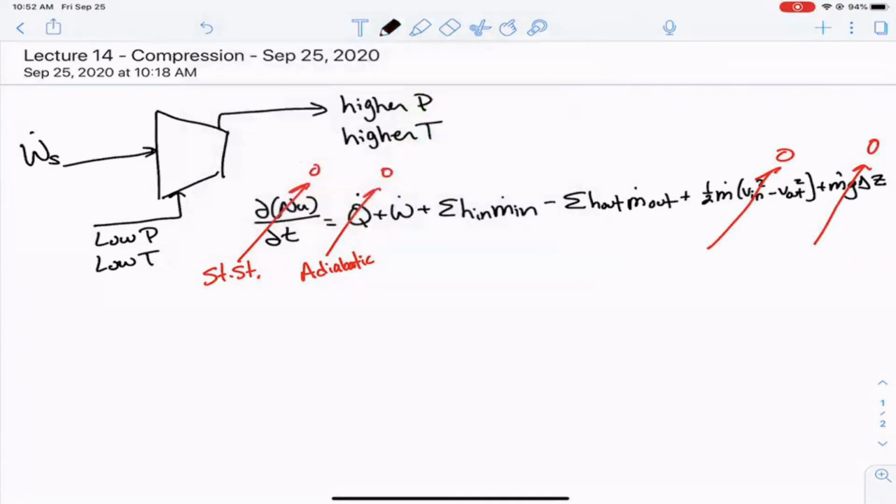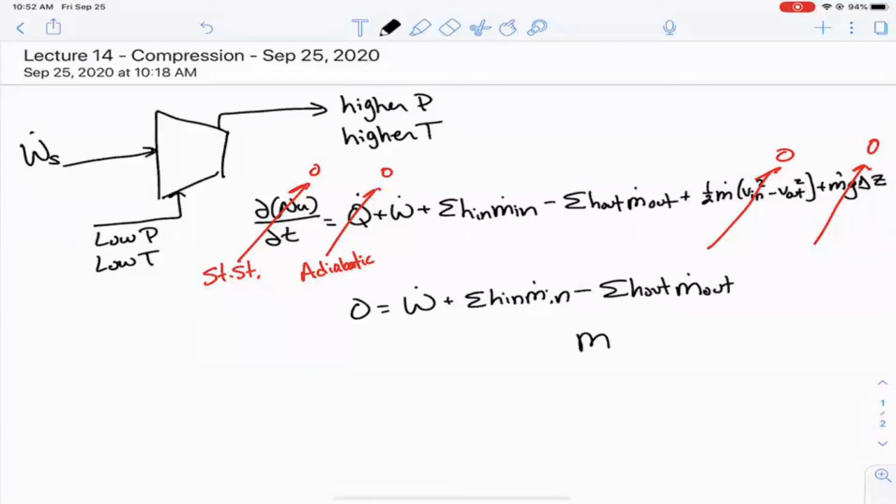So our energy balance simplifies to 0 equals the work plus the sum of the enthalpy in from mass flow minus the enthalpy that's leaving from mass flow. And through this compressor, the composition isn't going to change. So M in is equal to M out.